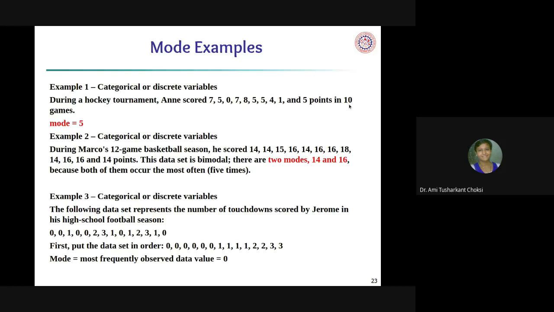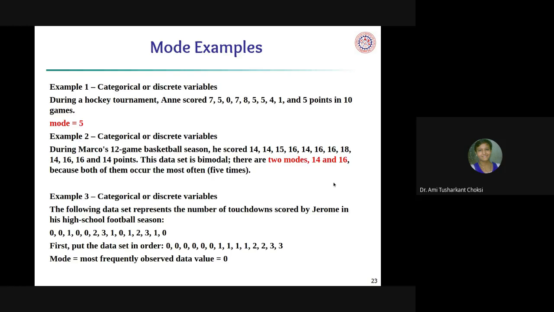Now in that, the mode means the number which is occurring most frequently. Here 5 is available 1, 2, 3, and 4 times. The other data is not available that many times, right? So mode is equal to 5.